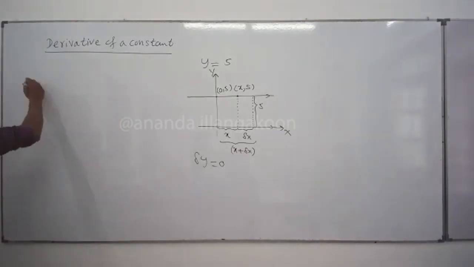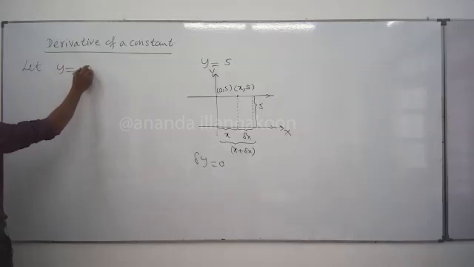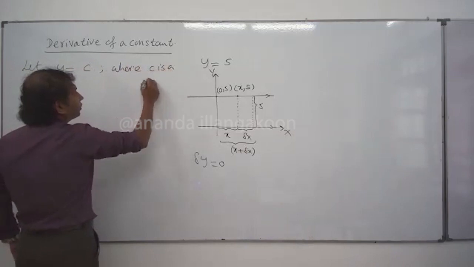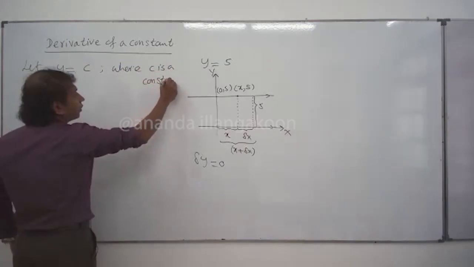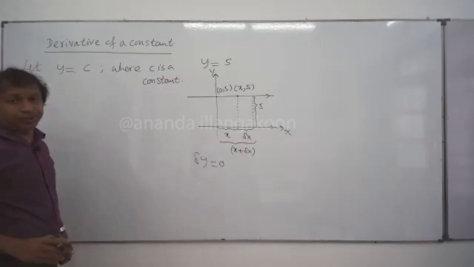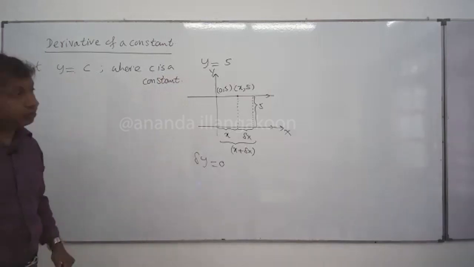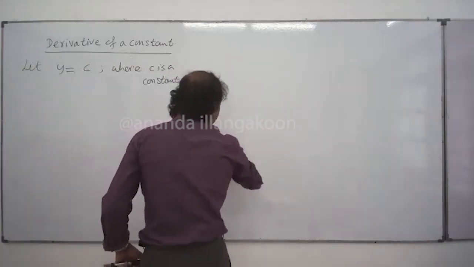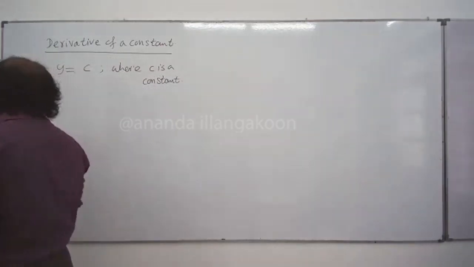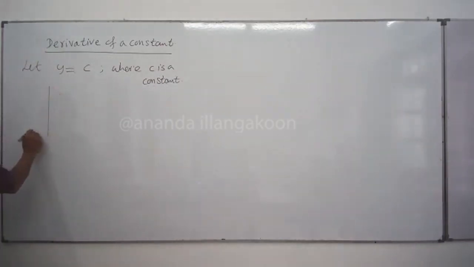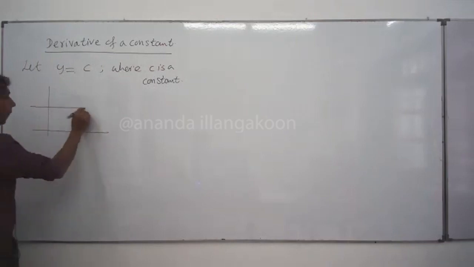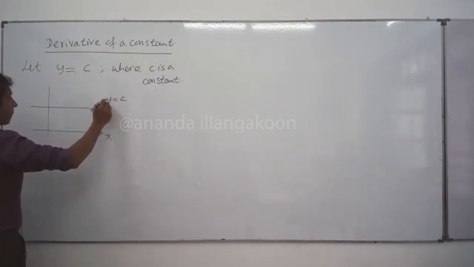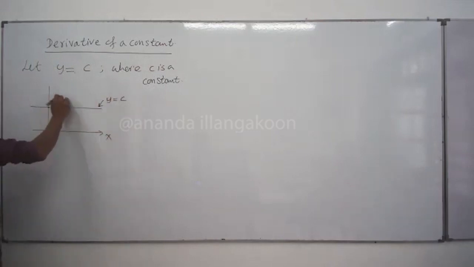Okay? Write down: let y equals c, where c is a constant. Now people will draw a small diagram there. Y equals c, when c is a constant, it's a straight line parallel to x-axis, cutting the y-axis at 0, c.